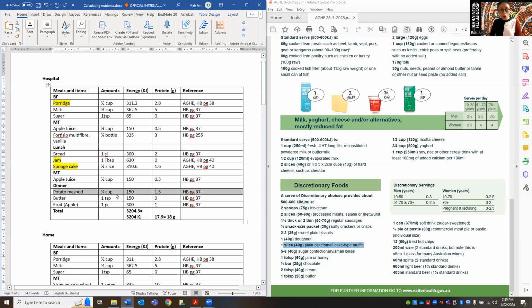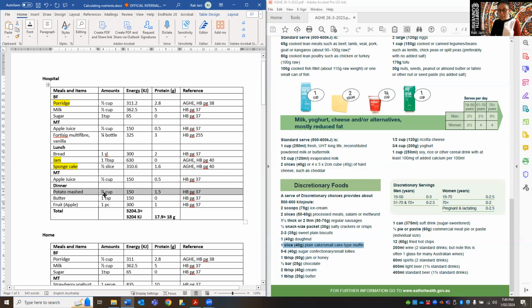In your quick ready reckoner, you have information on starchy cooked veggies for half a cup. Half a cup of mashed potato gives you 300 kilojoules. So 1/4 cup will give you 150 kilojoules. Half of half is 1/4. I hope that makes sense, guys.